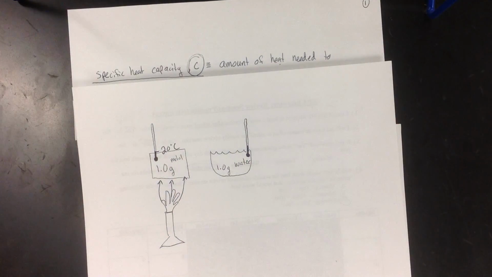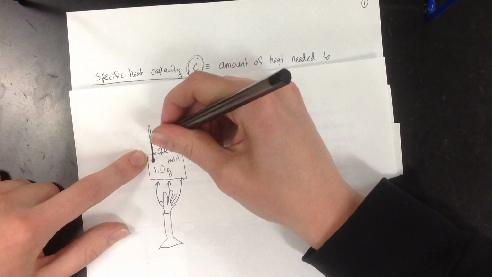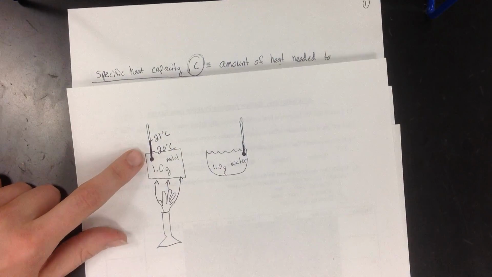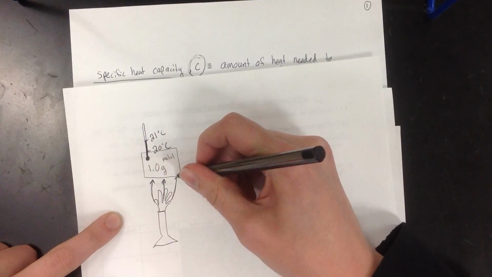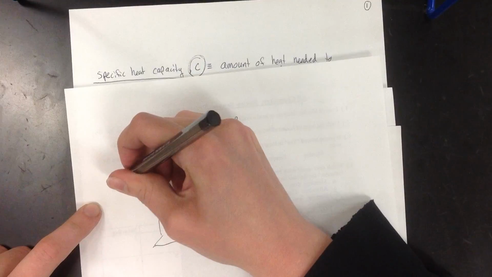The amount of heat that it takes to go from 20 degrees Celsius up to 21 degrees Celsius, that is the specific heat. So if this metal was aluminum, for example, all of this heat transferred in order to go 1 degree increase is only about 0.9 of a joule.